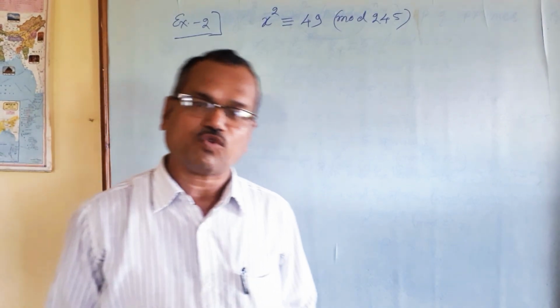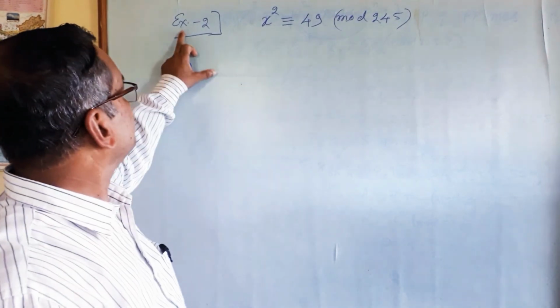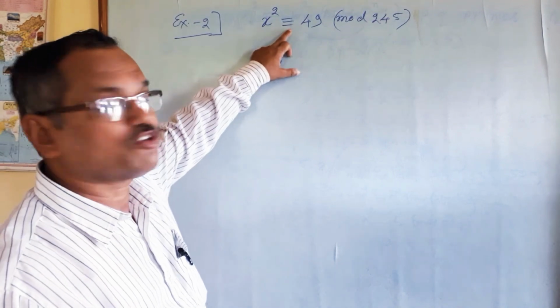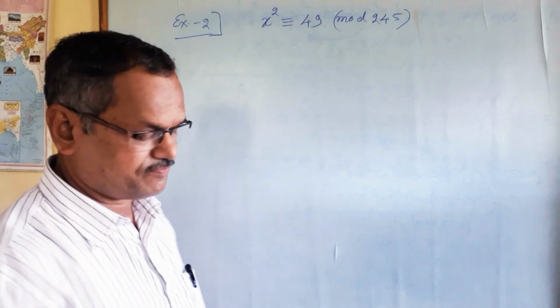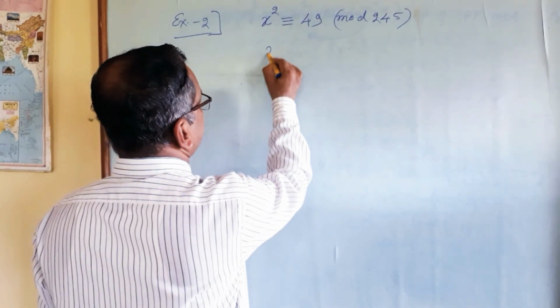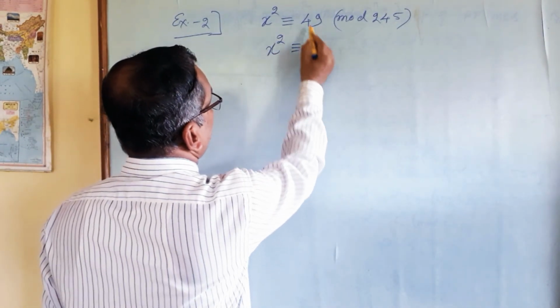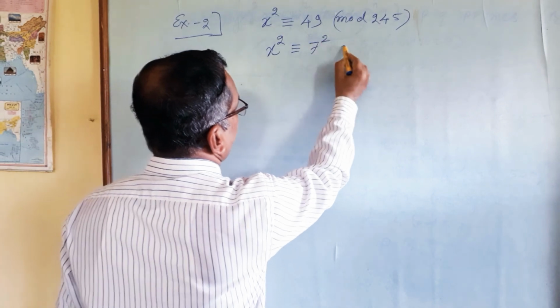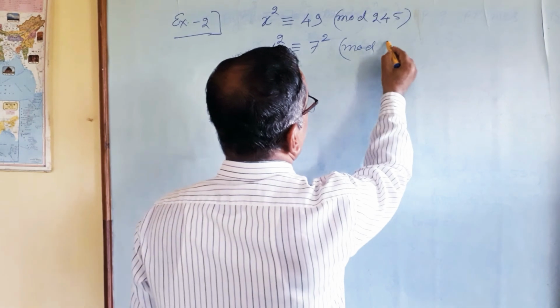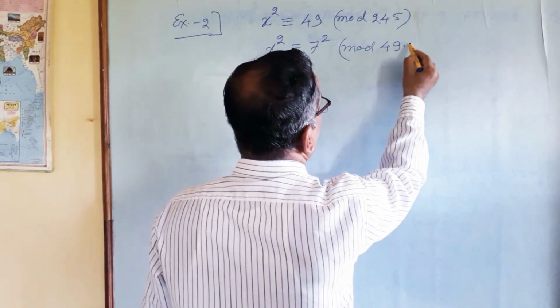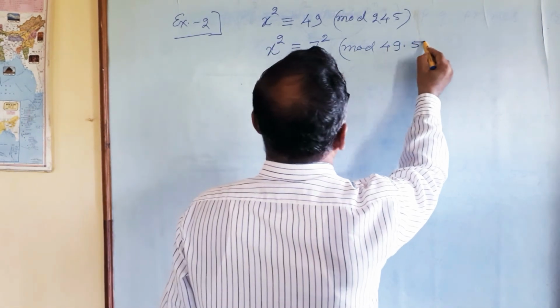Let us consider one more example as example number 2, x square congruent to 49 mod 245. It can be written as x square congruent 49 means 7 square mod 245, that is we can write 49 into 5.